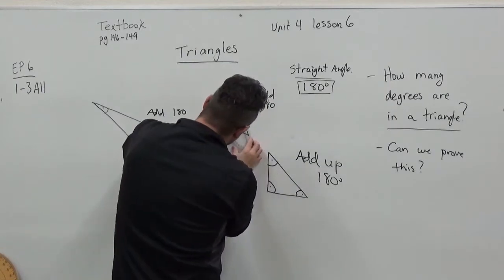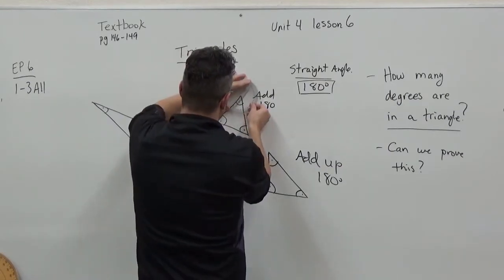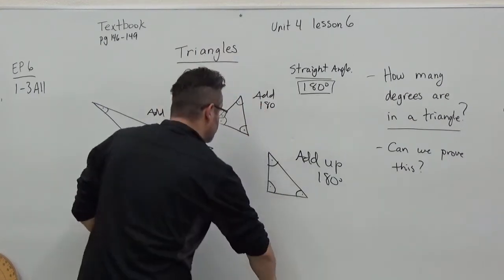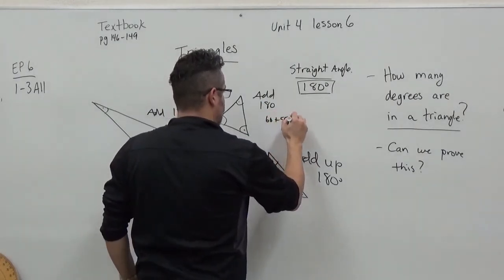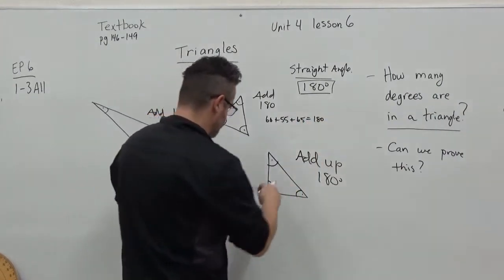This one is 55. This one is 65. So 60 plus 55 plus 65 equals, you guessed it, 180.